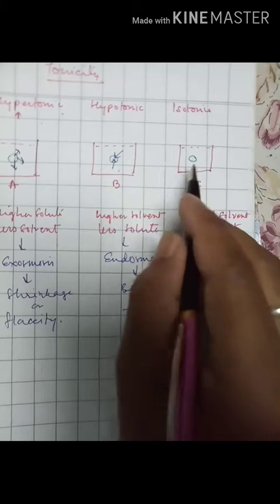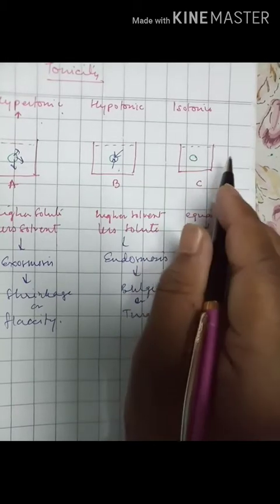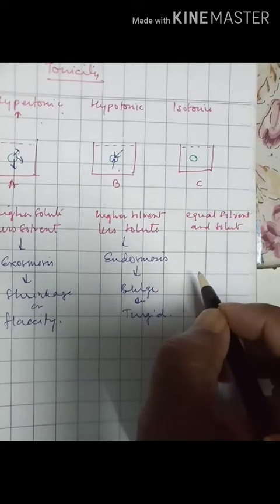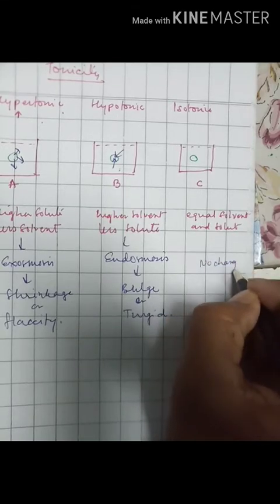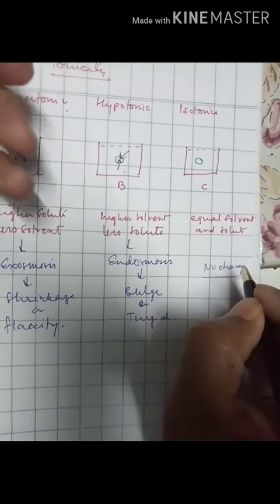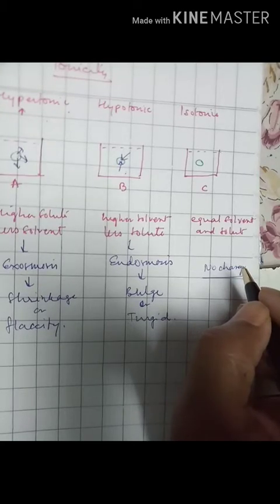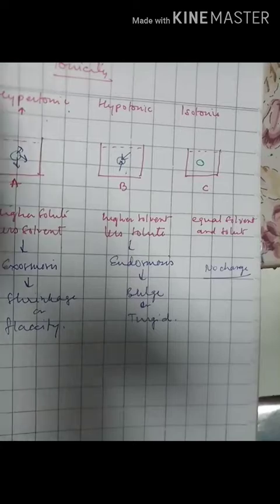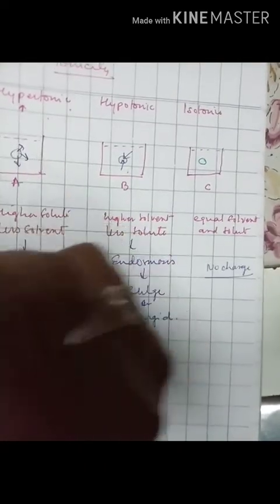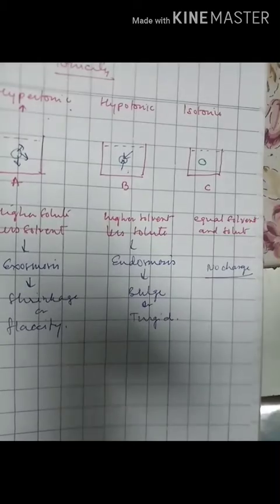But in C, inside and outside the cell have the same concentration, so no changes, no movement of solvent from any side to the other side. So what is tonicity? It is the relative concentration on either side of the cell membrane.